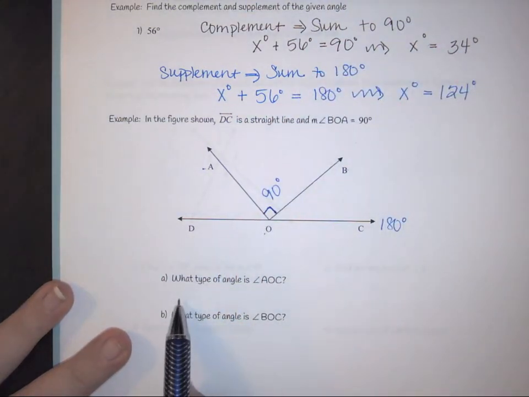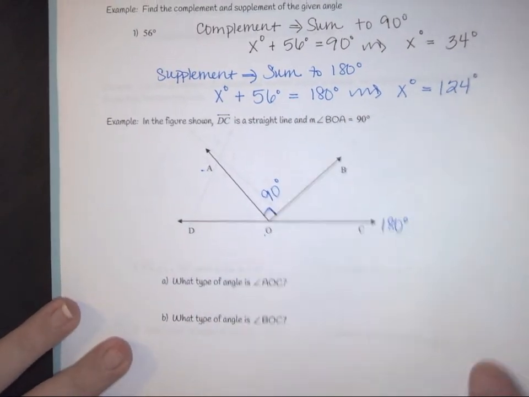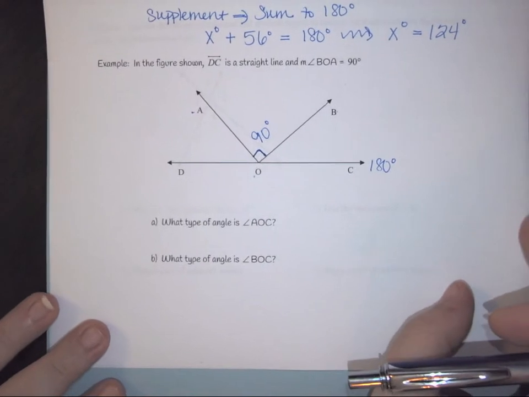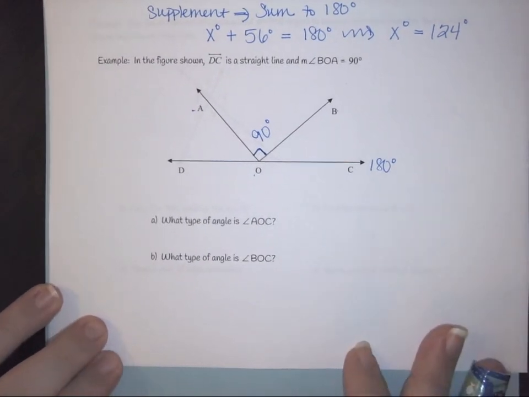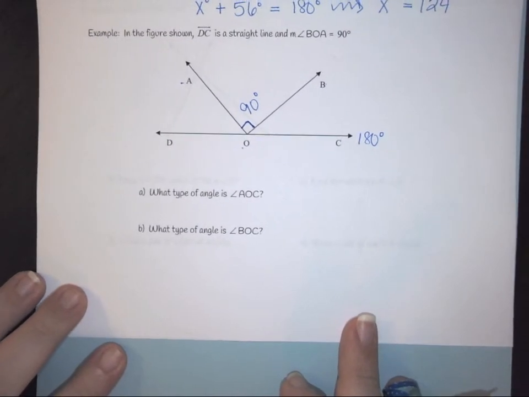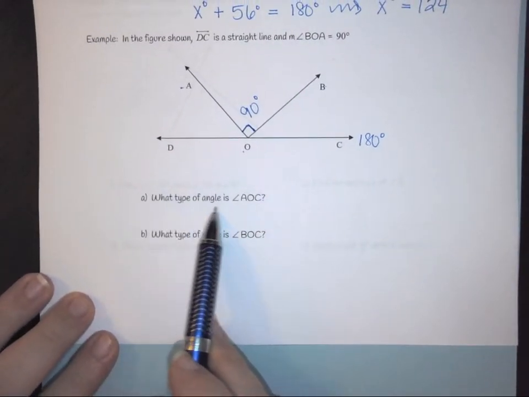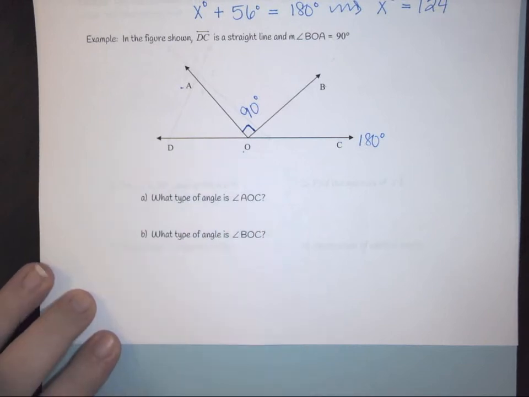Now, the biggest thing that you need to do when you're working with these types of problems is answer the question being asked. These problems are designed to give you a lot more than what you necessarily need. Here, the first question wants to know what type of angle is AOC.